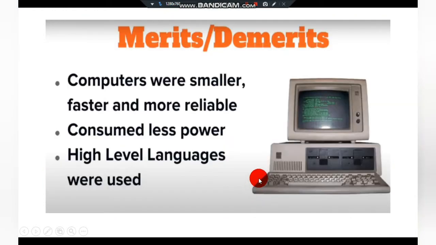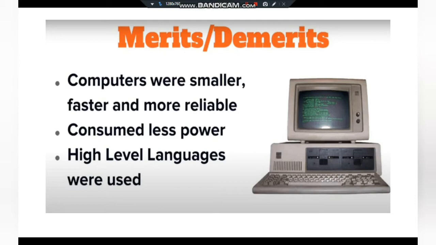Now we can see the merits and demerits of third generation computers. Computers become very small. In the first generation we see very big computers, occupying 1200 square feet.